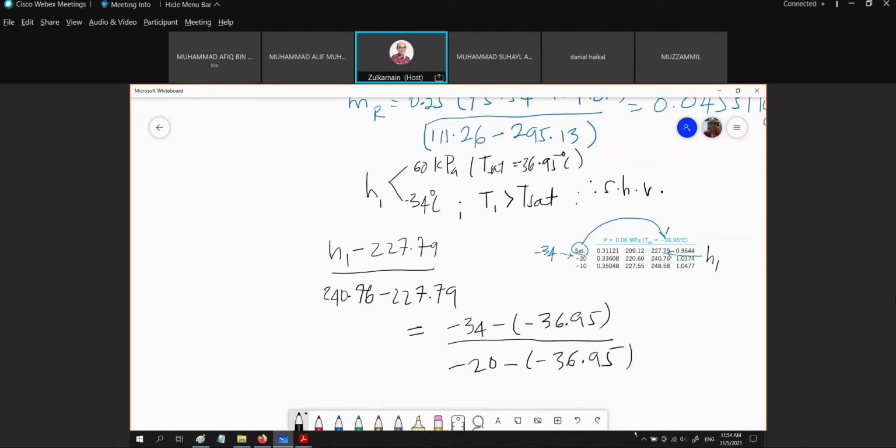Check again. This is H1 minus this, divided by this minus this, equal to this minus this, divided by this minus this. That's correct. So please get the H1.